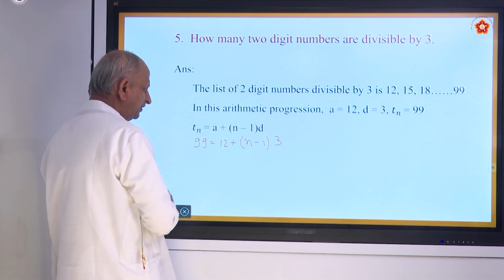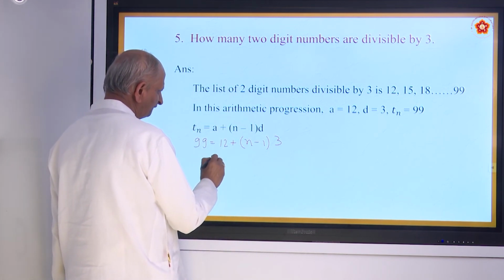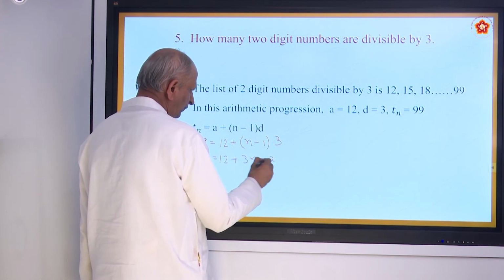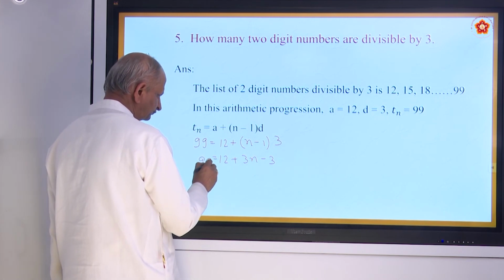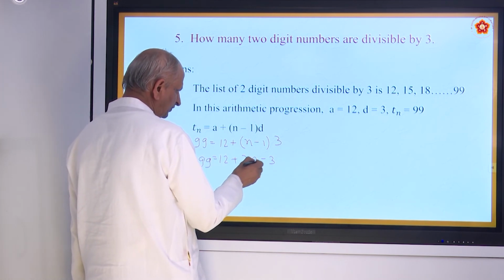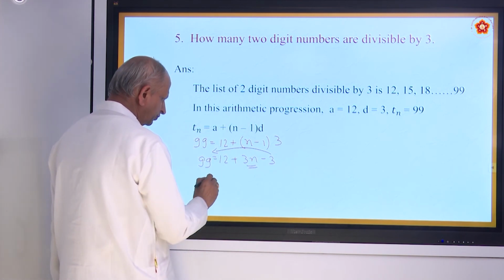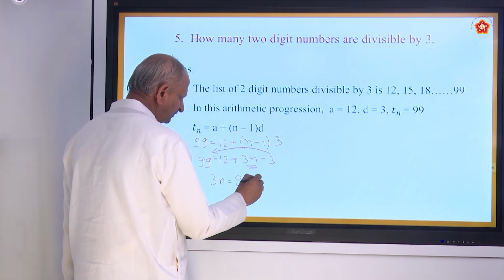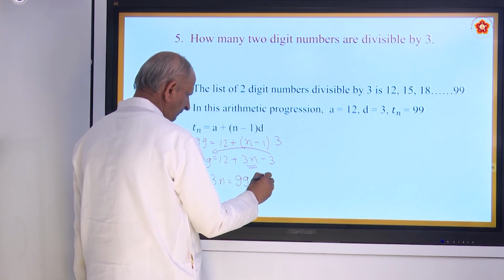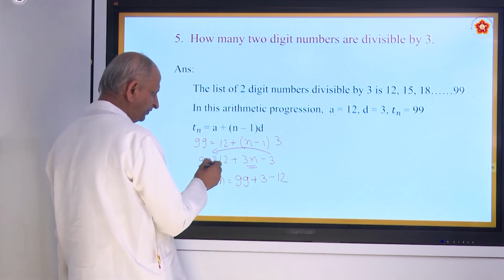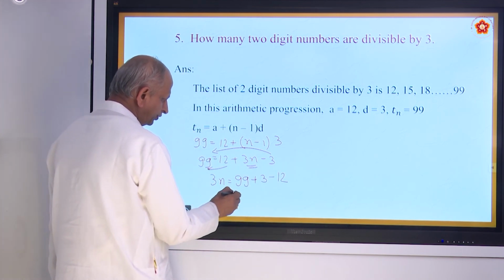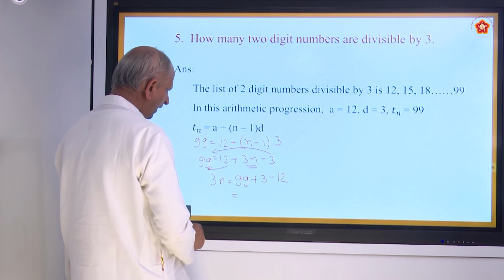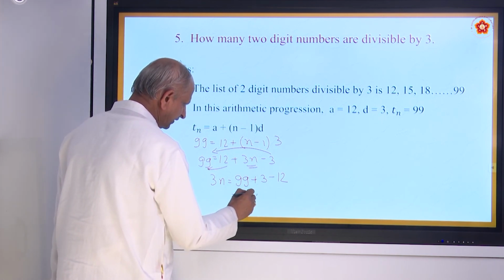So simple, very interesting. 12 plus 3n, 3 into 1 is 3. Now bring these numbers this side. So 3n becomes 99 plus 3 minus 12, plus 12 this side.